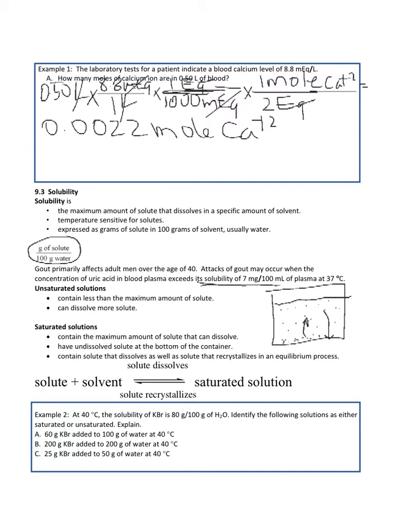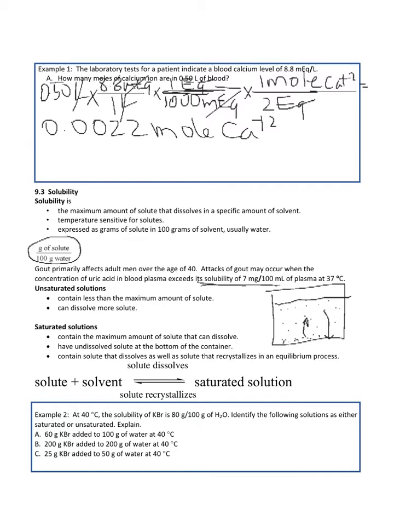At 40 degrees Celsius, the solubility of potassium bromide is 80 grams for every 100 grams of water. We want to identify the solutions as either saturated or unsaturated and explain why. Solution A has 60 grams of potassium bromide added to 100 grams of water at 40 degrees Celsius.